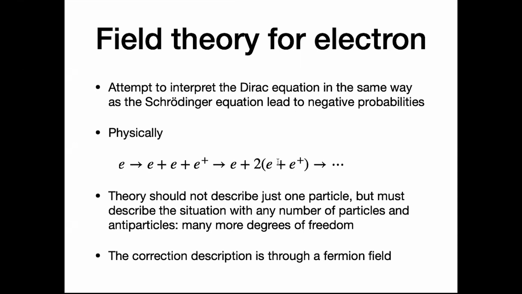And here you see that the fact that it's a field made it possible to do so. In a field, there are many more degrees of freedom than the coordinate of a single particle. So one field can describe not only a single particle, but a state that contains any number of particles or any number of antiparticles.